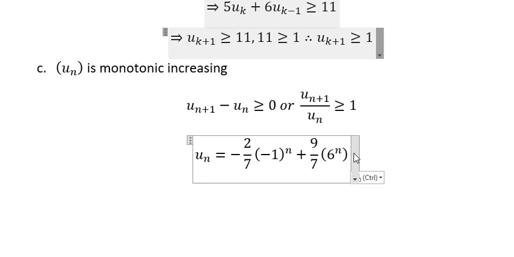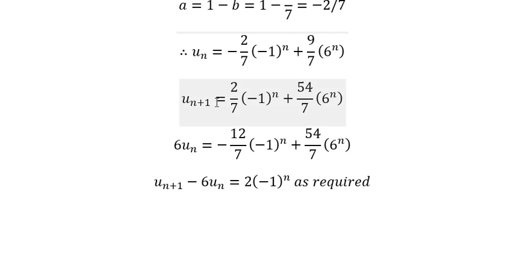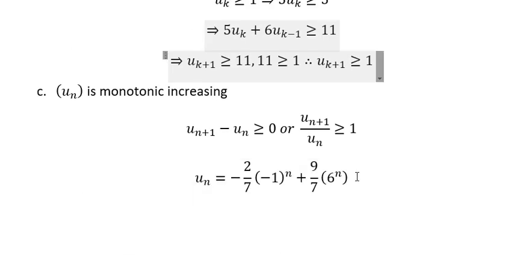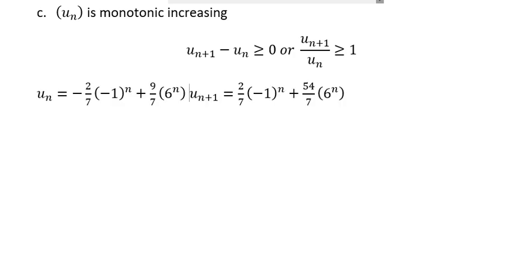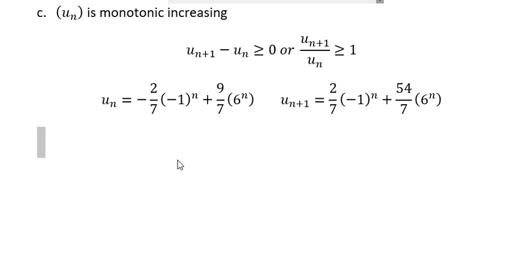So having u_n to be this, I think we also have u_{n+1}. This is u_{n+1} directly. I'm just going to subtract directly and check if the result is positive and conclude from there. So this is u_n, and this is u_{n+1}.